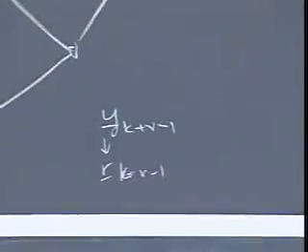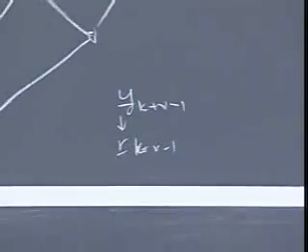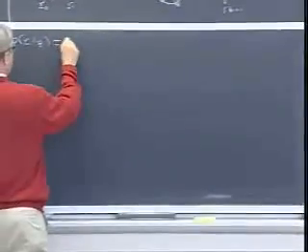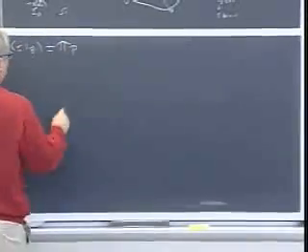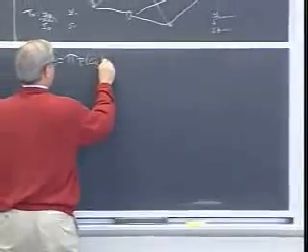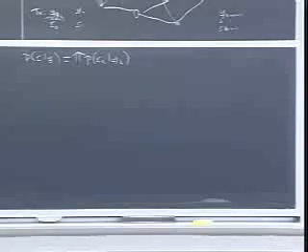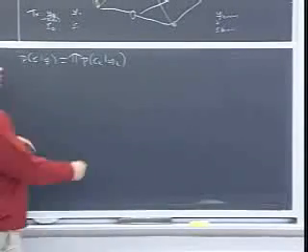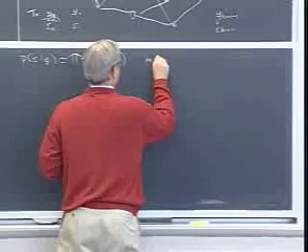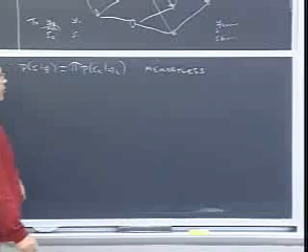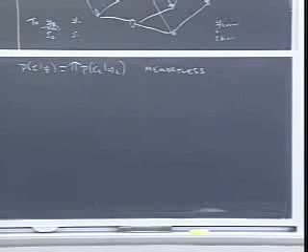Then if I want to get the total probability of R given Y over the whole block, this factors into the probabilities of Rk given Yk. That's what I'm going to depend on. This is what's called the memoryless condition, memoryless channel. The transition probabilities do not depend on what's been sent or received in previous blocks.